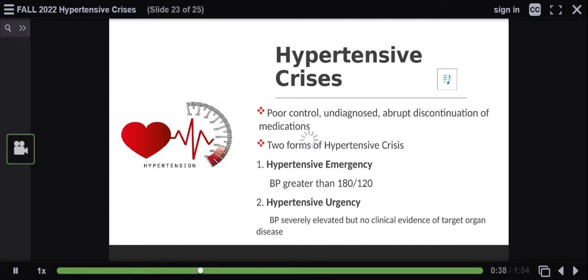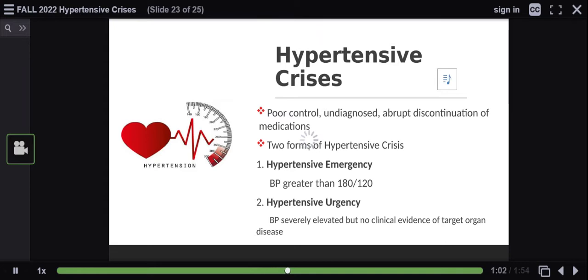There are two kinds of hypertensive crisis. We have hypertensive emergency, which is just the number I told you earlier, systolic blood pressure more than 180 and diastolic of more than 120. They could go as high as 220 for systolic and as high as 140 for the diastolic.